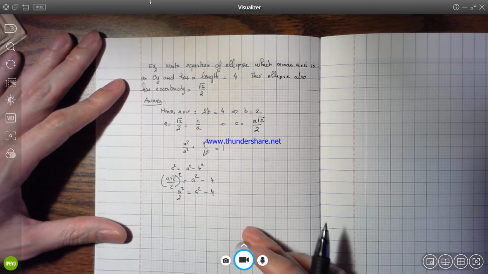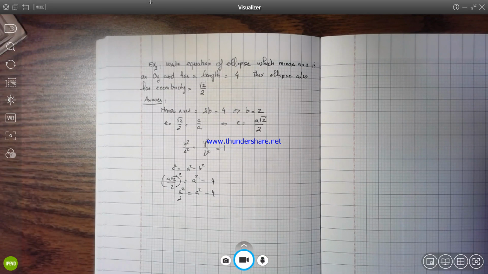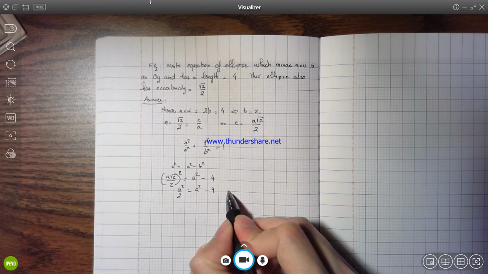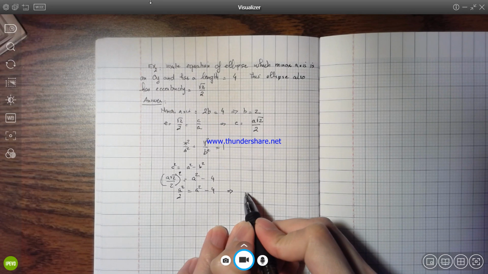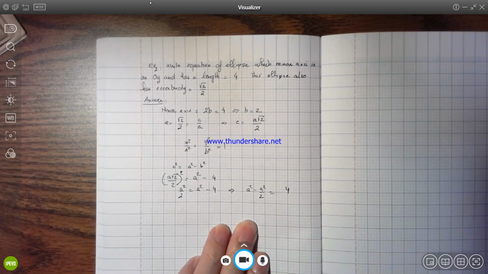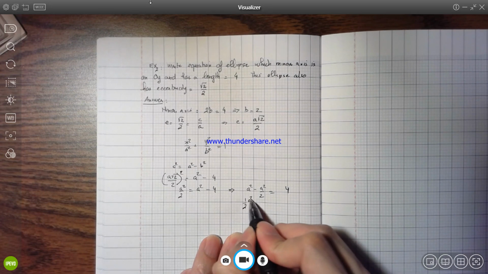Then from here I can get A. A square minus A square over 2 equal 4, right? Then we're gonna have 1 over 2 A square equal 4.